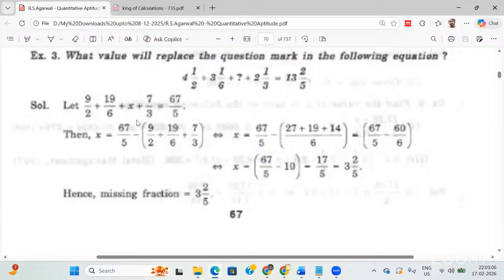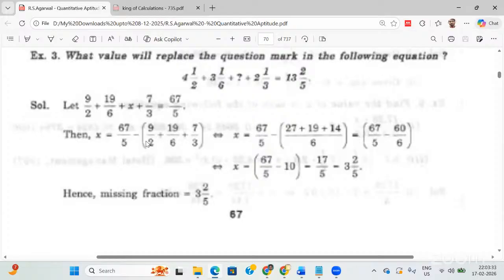These all items become negative, and you consider them within a bracket because these items are similar in terms of their sign. All of them are negative, so it becomes 9 by 2, 19 by 6, and 7 by 3.